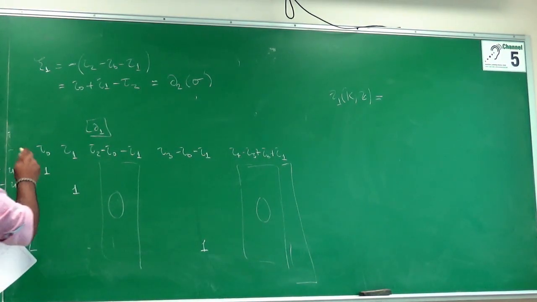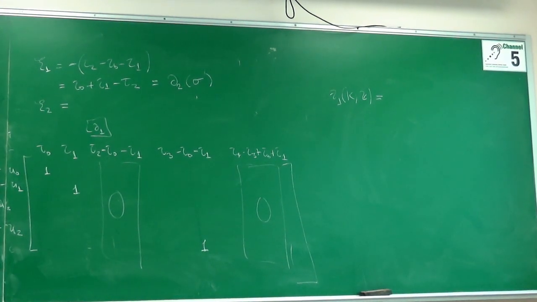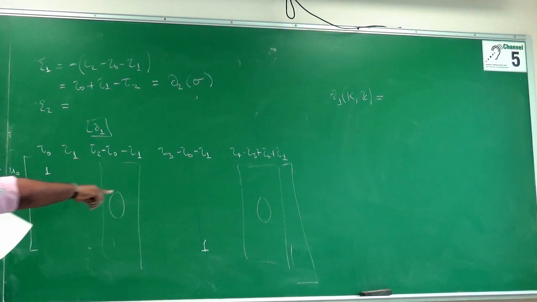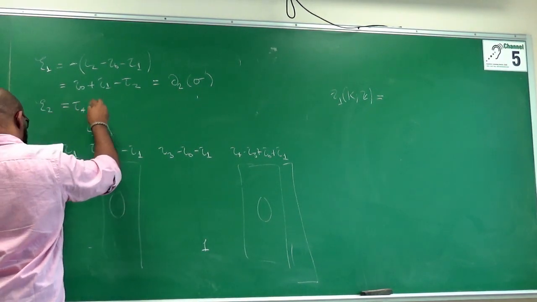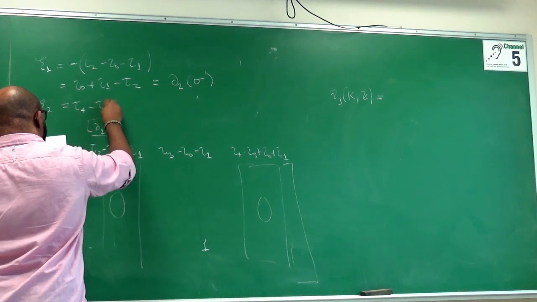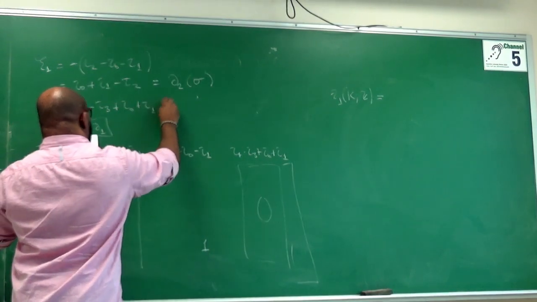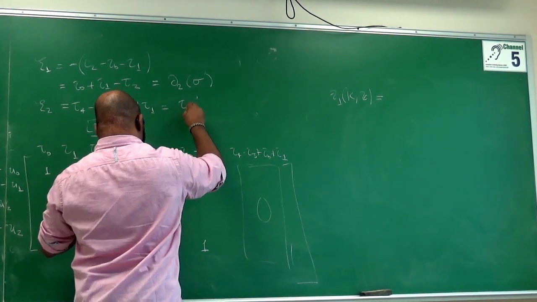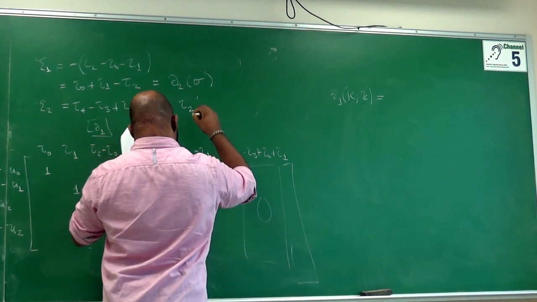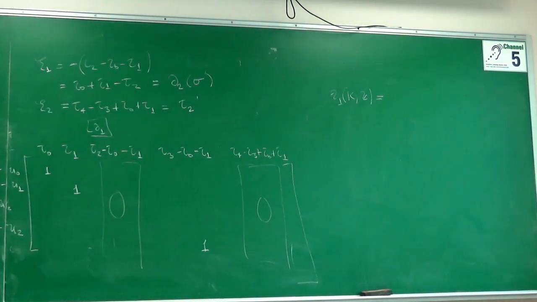Now, let zeta 2 be the other one, this guy. So it's going to be tau 4 minus tau 3 plus tau 0 plus tau 1, which can also be written as tau 2 plus tau 4 minus tau 3.